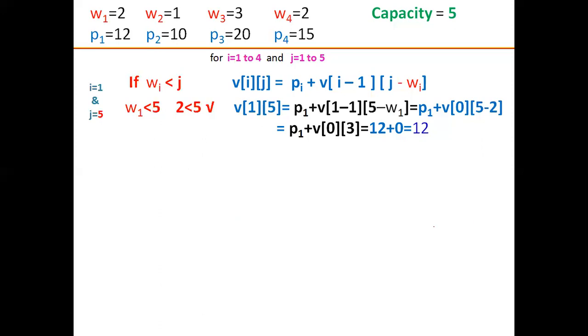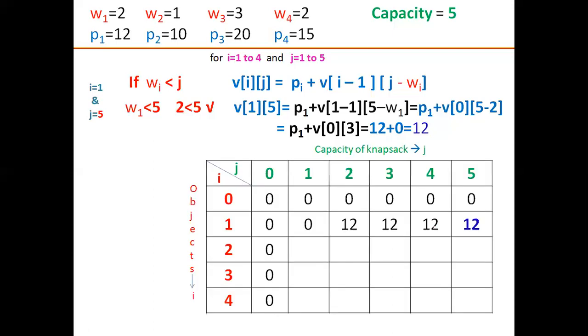In the same way, if I go for W1 at capacity 5, W1 is 2, and 2 is less than 5. Again, I can add this object. So my profit will be P1 plus V of the 0th row.